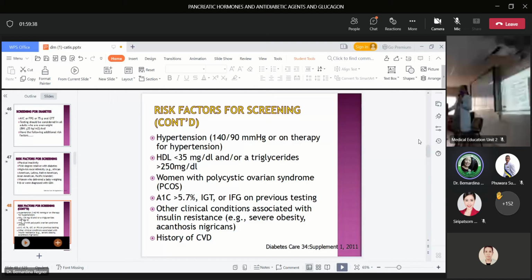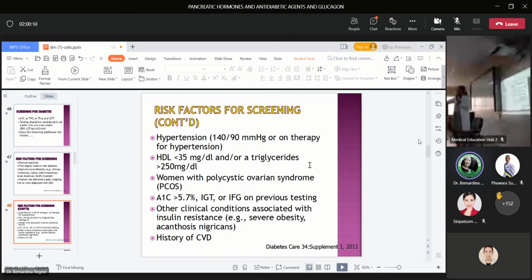What is your normal triglycerides, by the way? Normal triglycerides, okay, 150. So those with more than 250 milligrams are candidates for diabetes, no? Then women with PCOS. What is PCOS? Polycystic ovarian syndrome. Then hemoglobin A1C more than 5.7%.